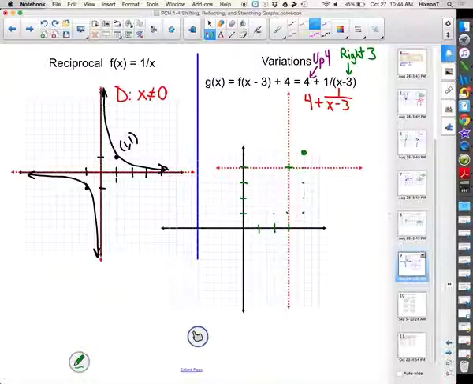There we go. Okay? So now, this top part of my graph looks like this. And I shouldn't hit my asymptote. Okay? So there we have the top half of our graph.